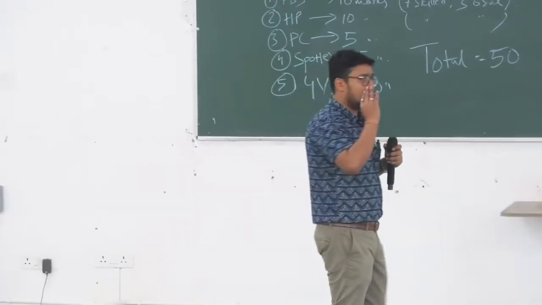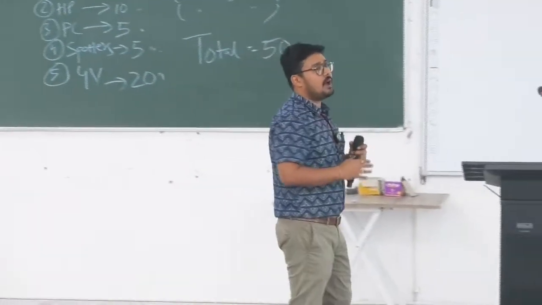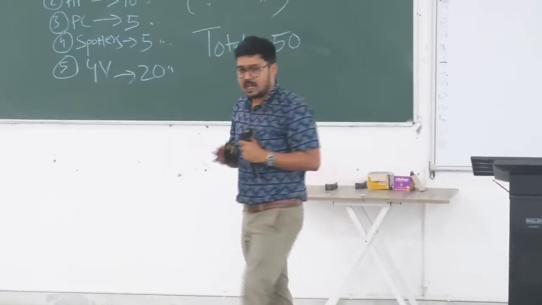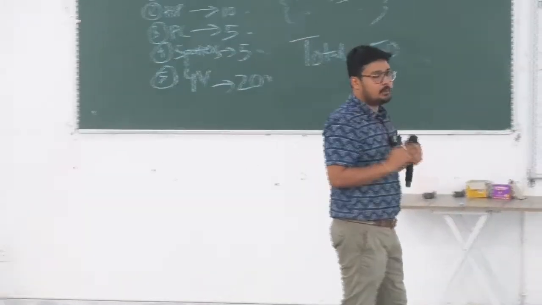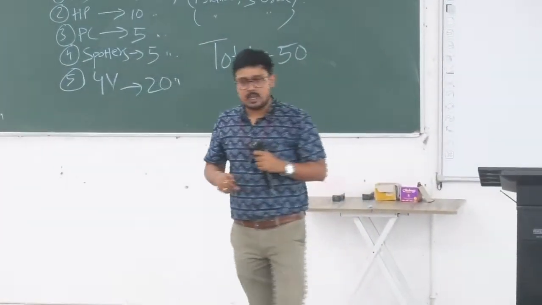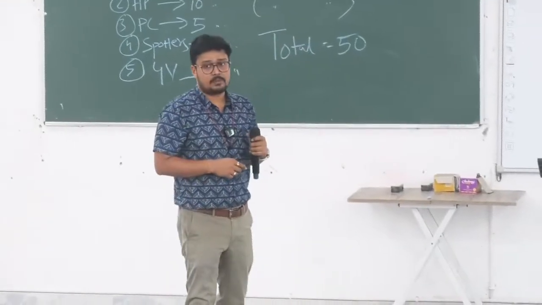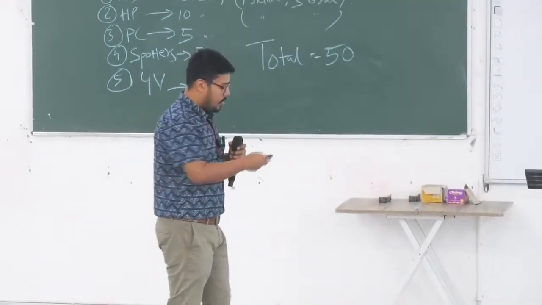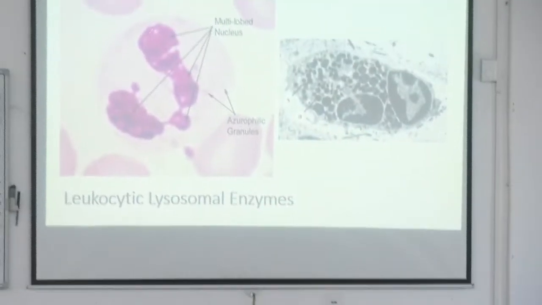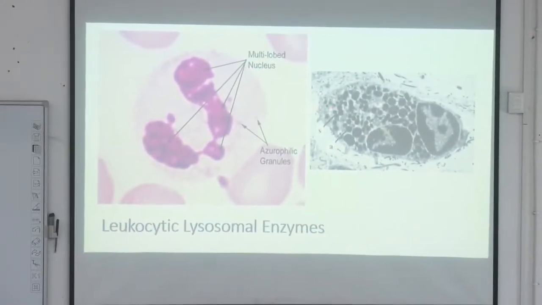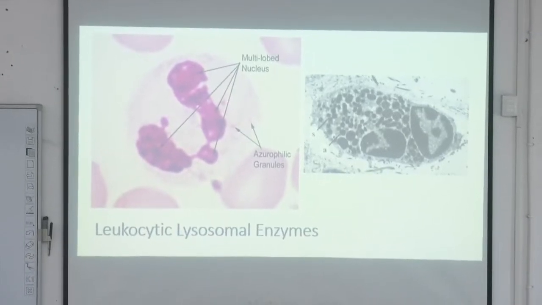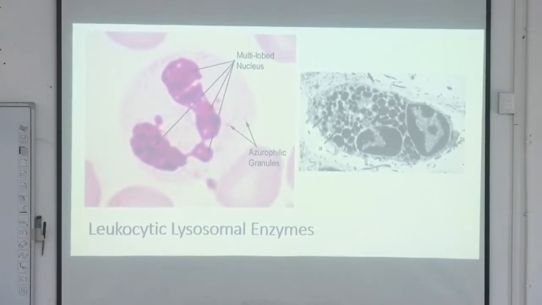Few have global action, few have specific bactericidal action. The enzymes secreted in primary granules are myeloperoxidase, azurocidin, cathepsin, etc. This is the multi-lobed nucleus in the microscopic picture, with azurophilic granules in the cytoplasm.